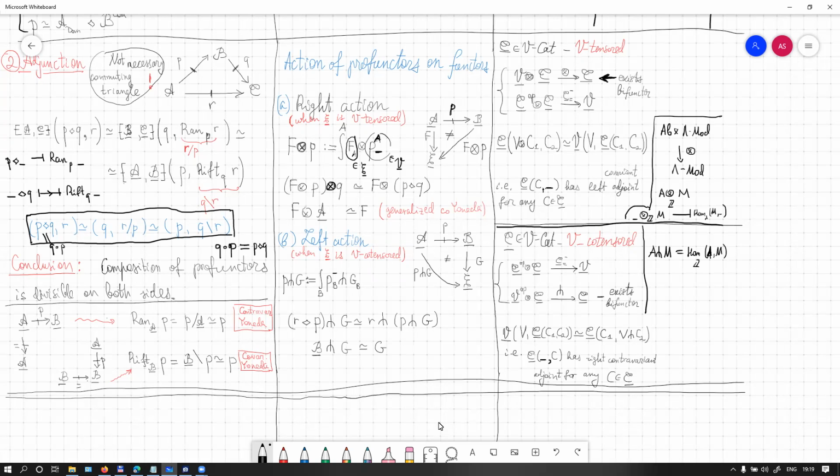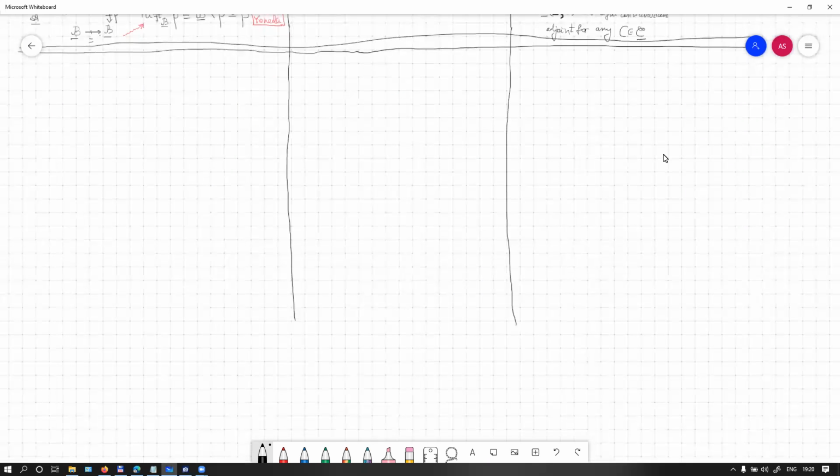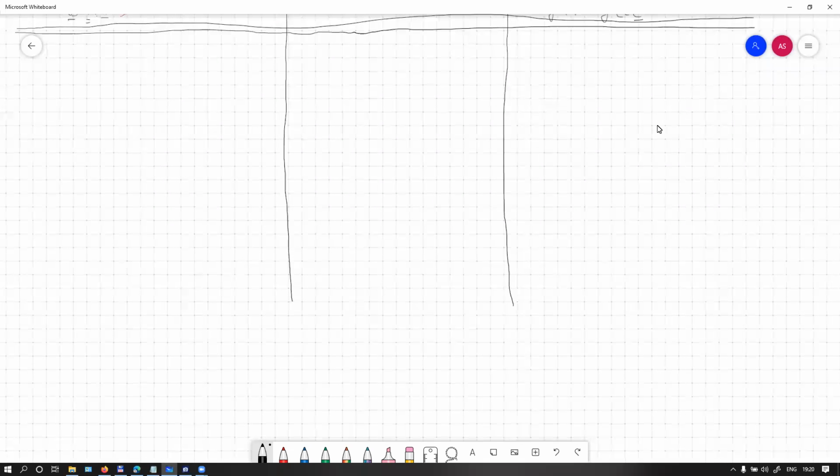Again, I want to remind that modules are functors, covariant for left and contravariant for right, and profunctors are bimodules. So an R-S bimodule is a profunctor from a one-object category R to a one-object category S. For details, I'm referring you to our last lecture. Fine. If there are no questions, then we are moving forward.